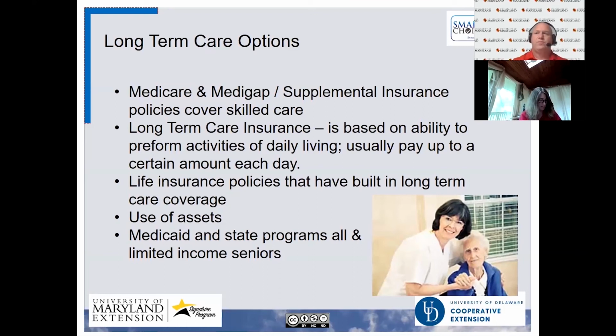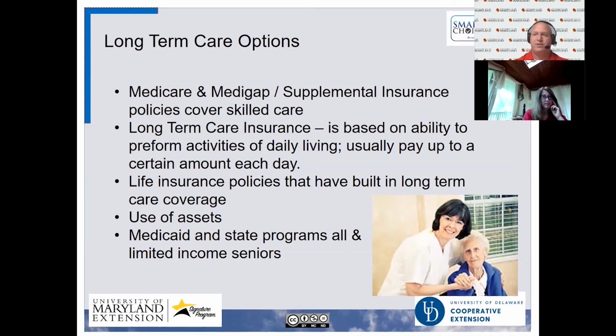a period of time. When long-term care was first introduced to the market, those plans covered almost all of the cost. And what they found is that long-term care coverage is very expensive. And so there's been changes to the long-term care insurance.